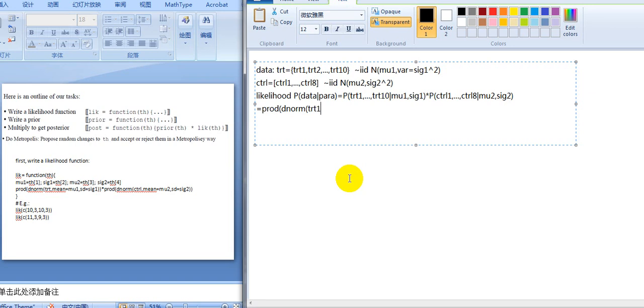Let's say we use TRT1 and the mean is mu1, standard deviation is sigma 1, right? And you multiply, all the way to 10, because they are IID. You just multiply all the normal densities together.